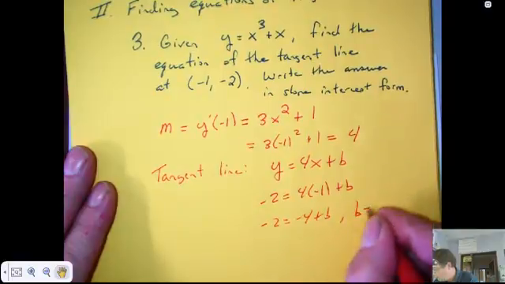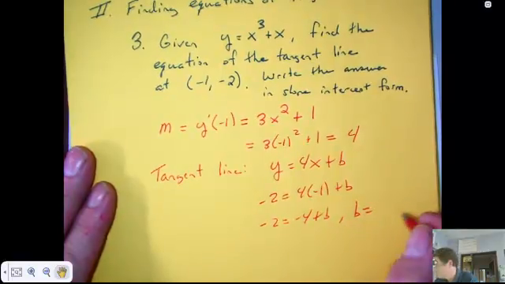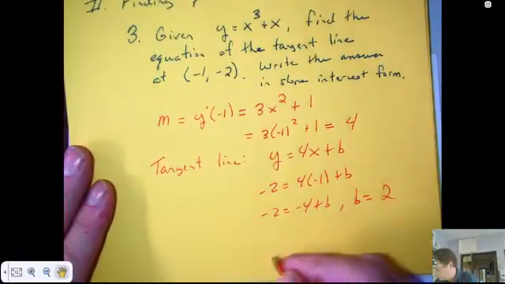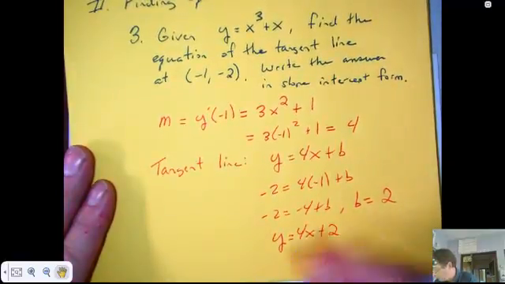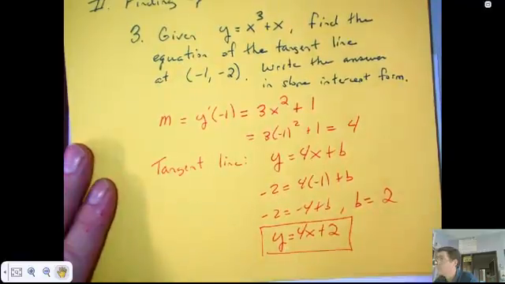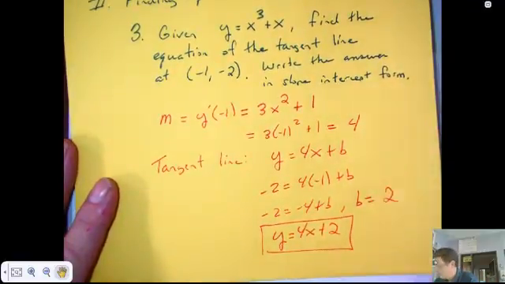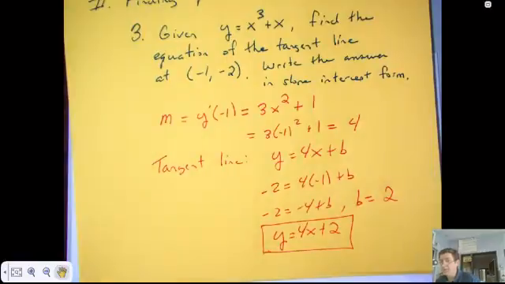B must be 2. So 4x plus 2, there's the equation of the tangent line. So again, another application of derivatives and really a pretty quick and easy way to find those.